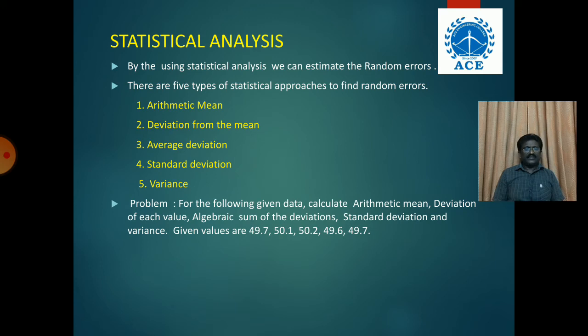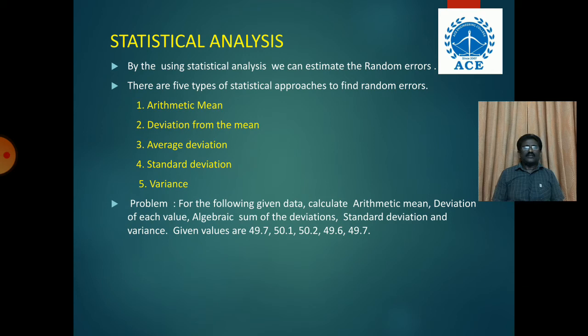To calculate these values, you have to consider a group of readings. To calculate random errors, you have to collect some group of readings. By calculating using statistical analysis, we can identify random errors.